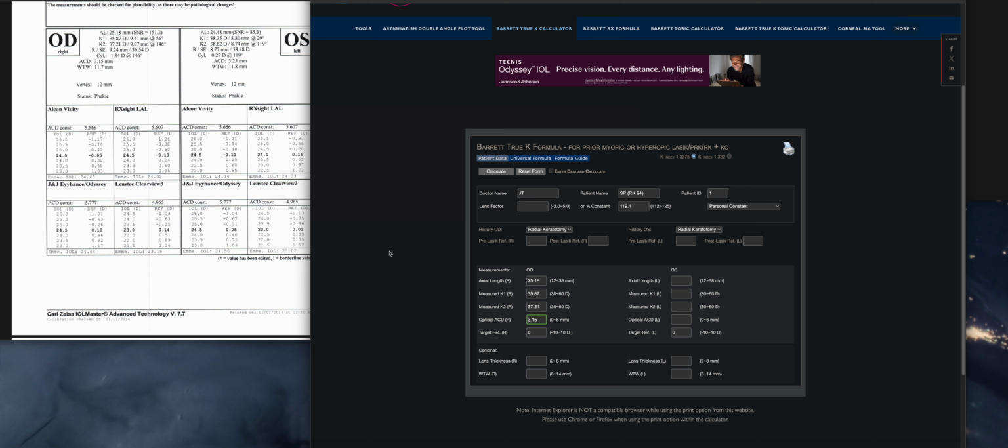But to be honest, if this was the actual 700 data and we had a SIL of 1.3, I would probably be calculating this in the True K Toric Calculator, and we'll scan over to that afterwards and take a look together.